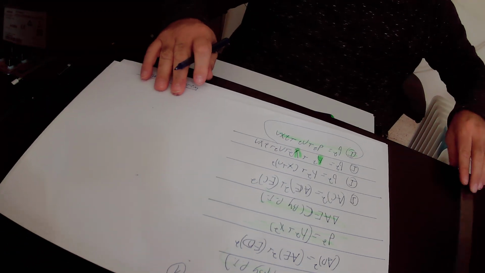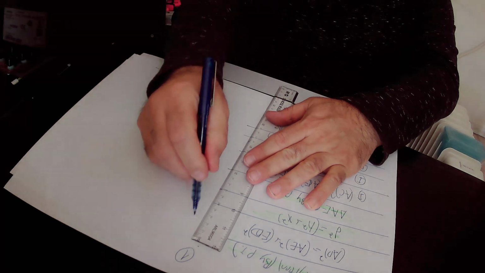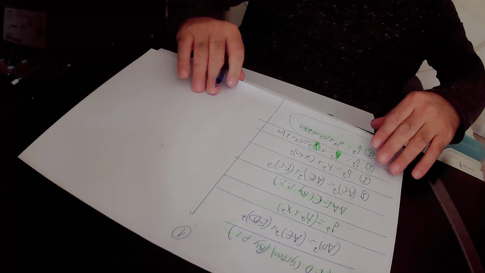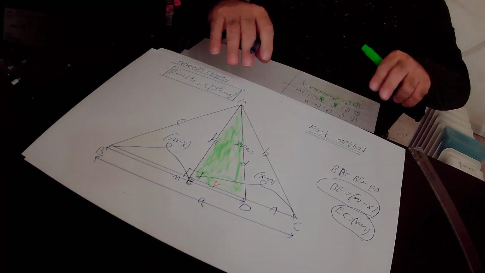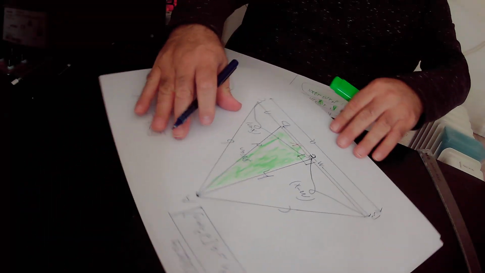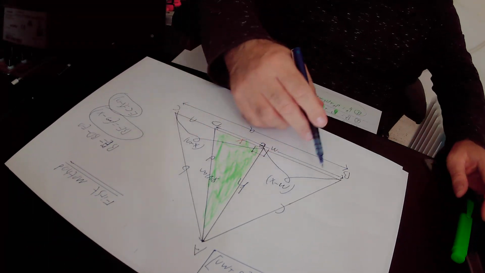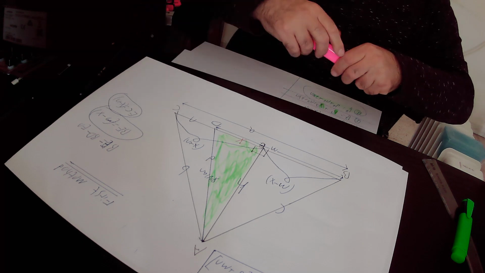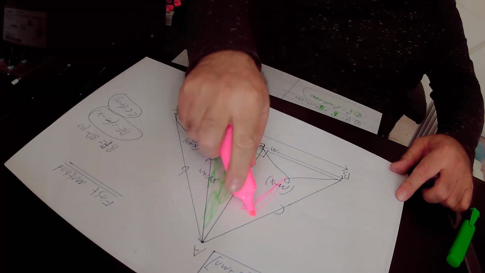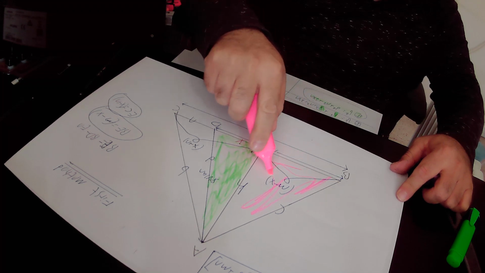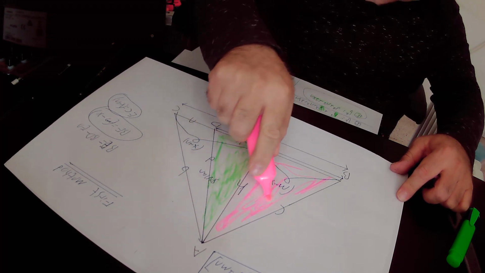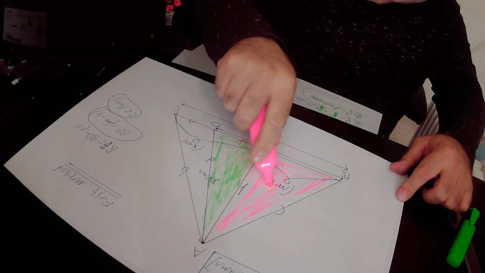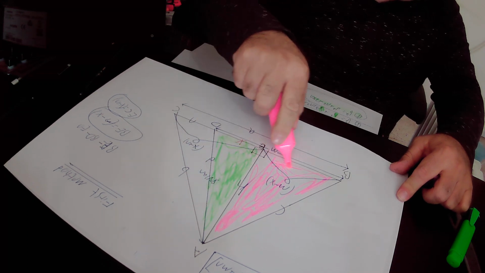Okay, so in the next step, we'll focus on the triangle ABE. Again, we'll focus on the pink triangle ABE, and we'll implement the Pythagoras theorem on this right pink triangle ABE.